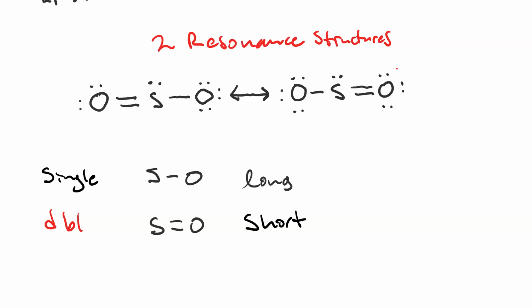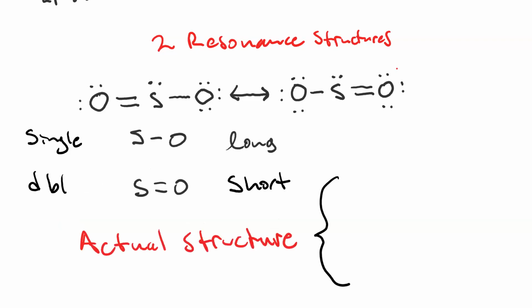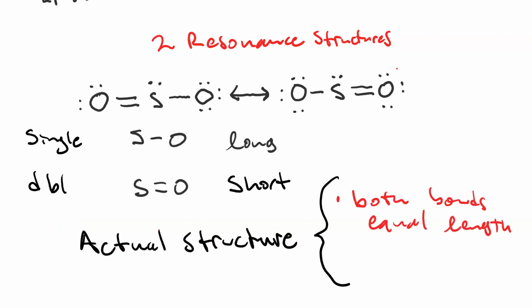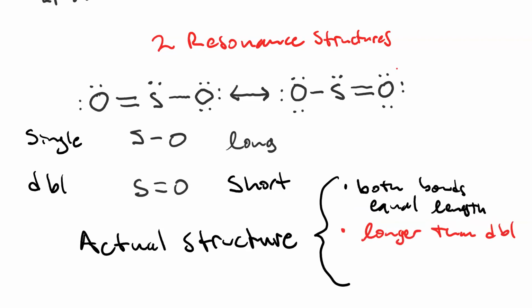In reality, that's not what we see. When we look at the actual structure of the molecule, first we see that both bonds have an equal length, but also both bonds are longer than a double bond. Not only are the bonds longer than a double bond, they're shorter than a single bond.